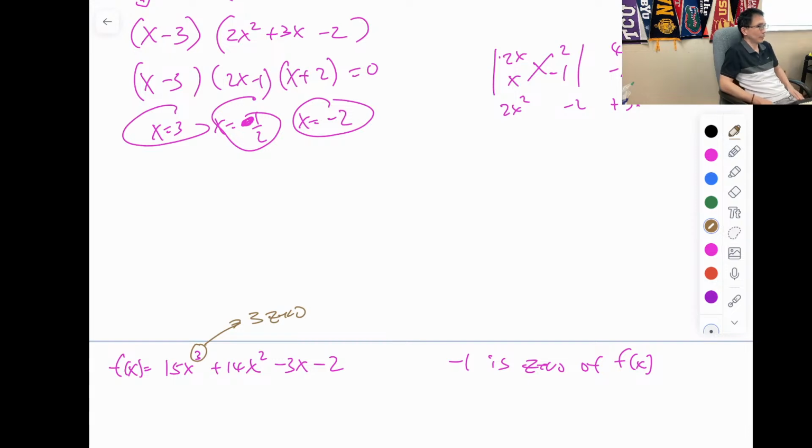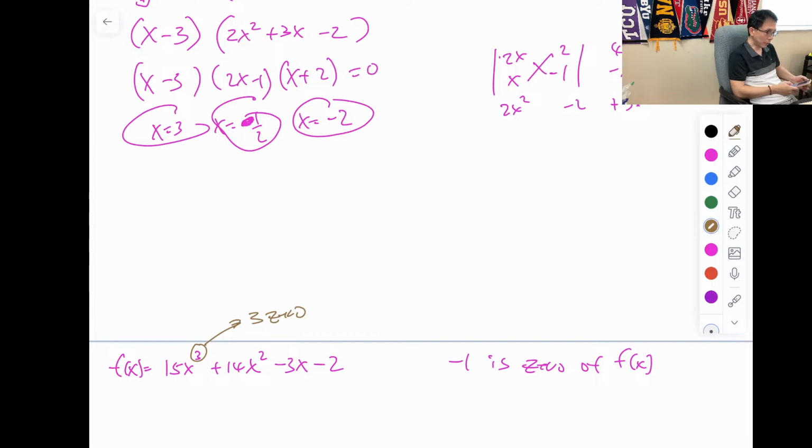Can you figure out the rest? Do you want to factor the last one?